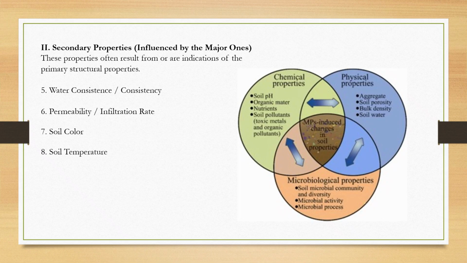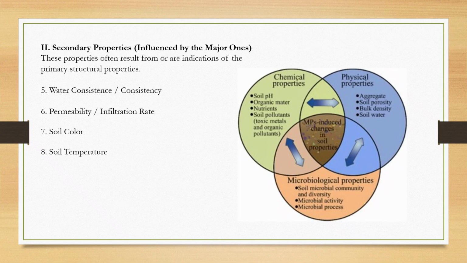The seventh one is soil color. Soil color is measured using the Munsell chart. That is, it is the visual hue, value, and chroma of the soil. Those are the three measures we can use for soil color measurement. The soil color indicates other properties.